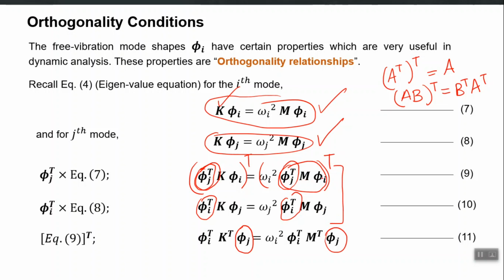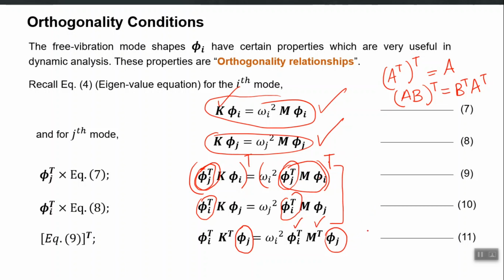And this M into phi i will have a transpose, but they will be replaced, or you can say they will shift their positions. So, this will become phi i transpose into M transpose. So, now everyone is clear with equation 11, all clear.